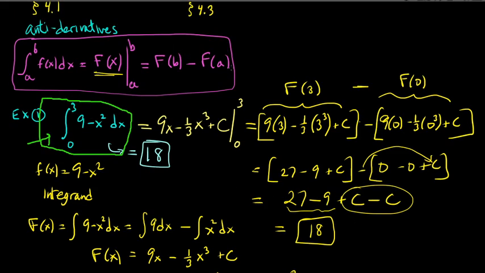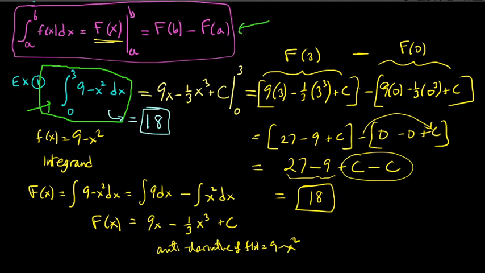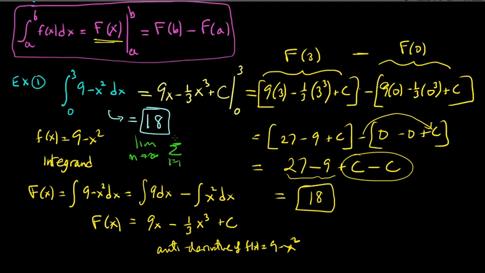Using the fundamental theorem of calculus, which is this thing in purple, we were able to calculate this integral much faster, just by doing an antiderivative and then plugging in numbers. The way we did it the first time, we had to calculate the limit as n goes to infinity of the sum i goes from 1 to n, and then find f of xi or f of ci times delta x, and that went on for at least a half hour.